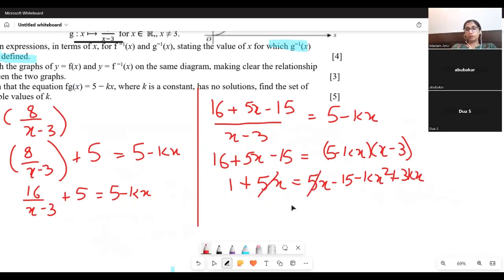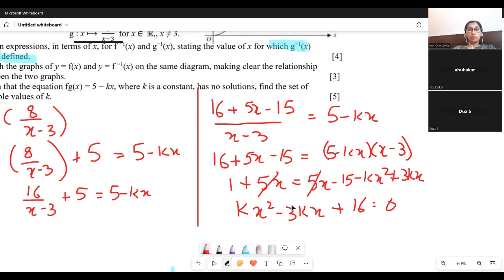And I'm moving everything to the left so that I get a positive x square: kx square minus 3kx plus 16 is equal to 0. Let me double check. kx square minus 3kx plus 16.